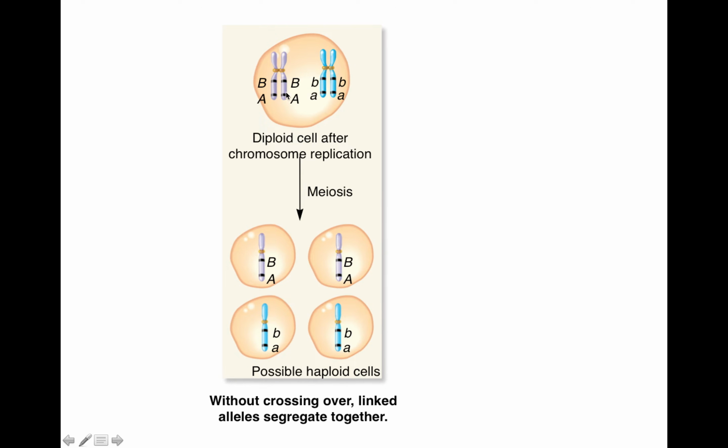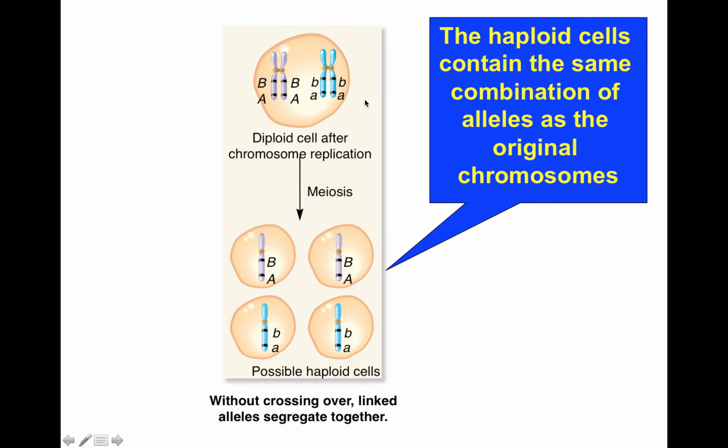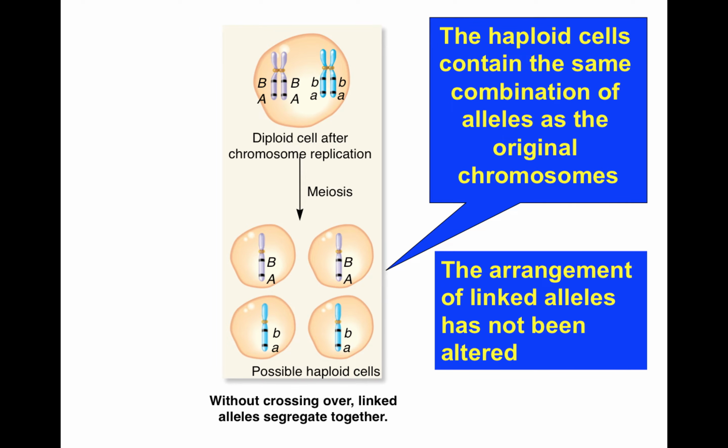If there's no genetic recombination between these, no crossing over, each cell of each one of these 4 cells will end up with the genetic combination that was found in a parent, either the 2 dominant alleles from this chromosome or the 2 recessive alleles from this chromosome.